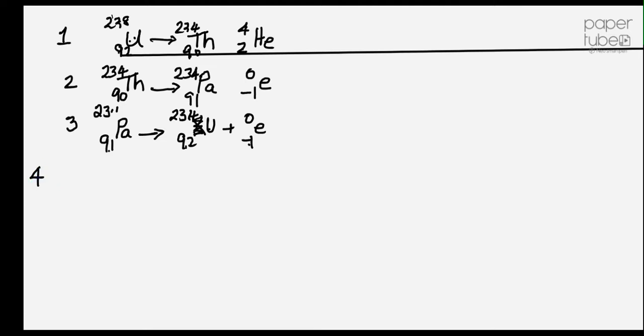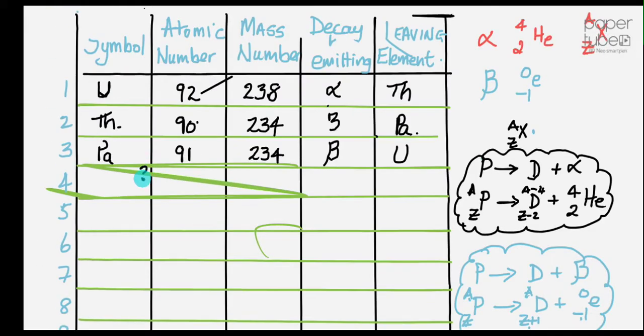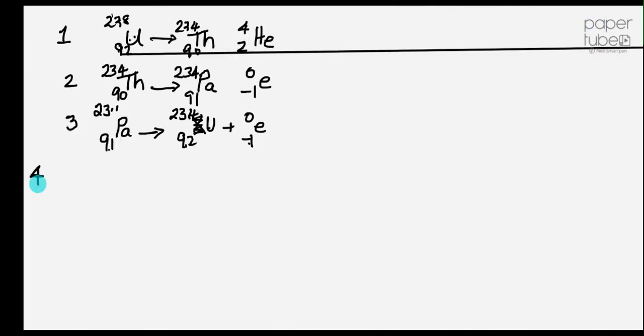Now let's do question number 4. Let's see where we are in question number 4. Well, we don't know the first box. Something missing in there. Right? And we know it's 92, 234. It's going to emit an alpha particle, and what do you get? So let's go down and do question number 4. It's got 92, 234, and if I look up above it, 92 is uranium.